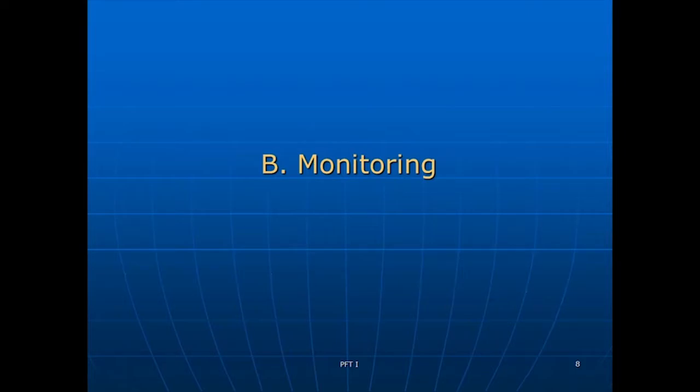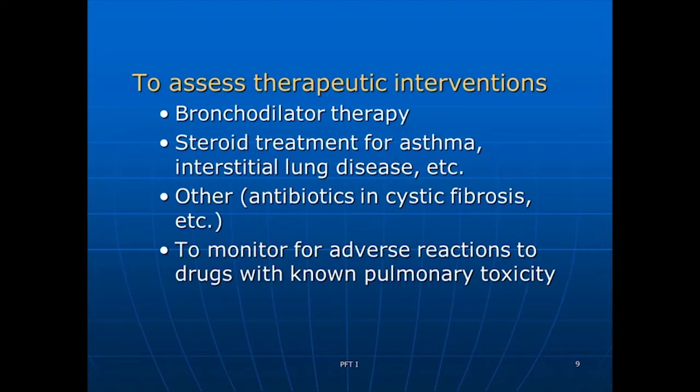So the second indication for a pulmonary function study is for monitoring purposes. Patients that come in and have been diagnosed with asthma will have bronchodilator therapy. Before the patient is administered a bronchodilator, they get a pulmonary function study done to determine the extent of the damage and why they need those bronchodilators.